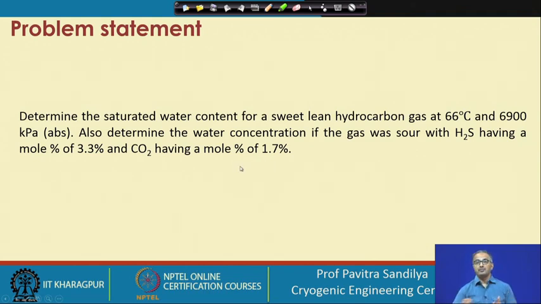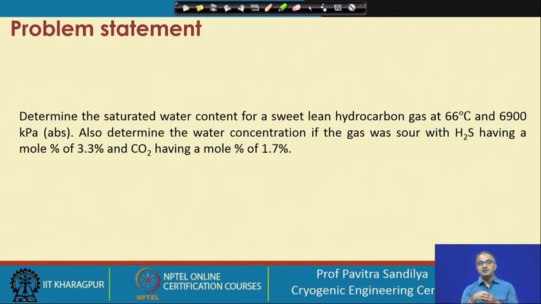What would be the water content of the same gas? That means without the presence of carbon dioxide and H2S, we shall have one type of water content, and in their presence the water content will be different.